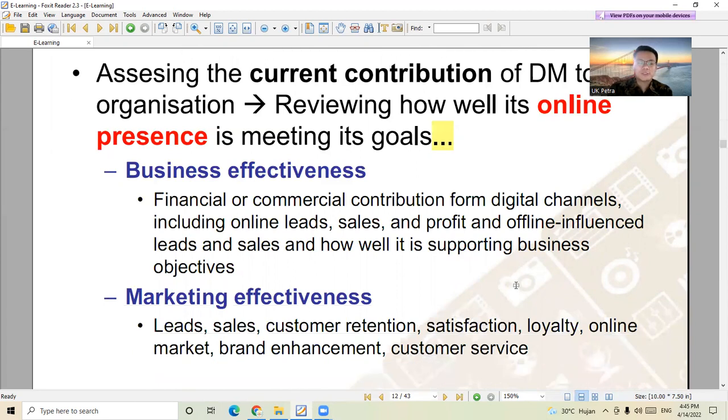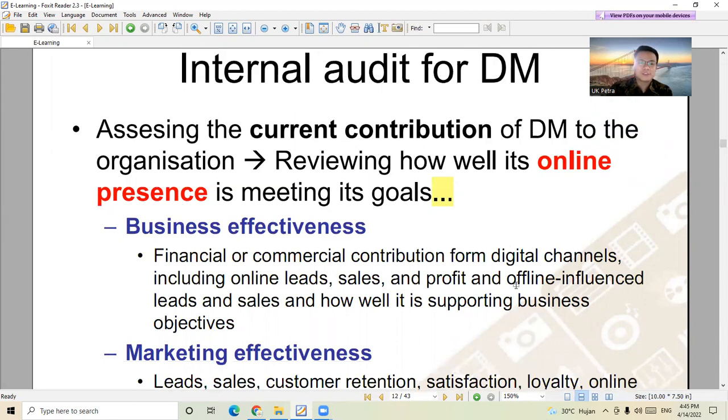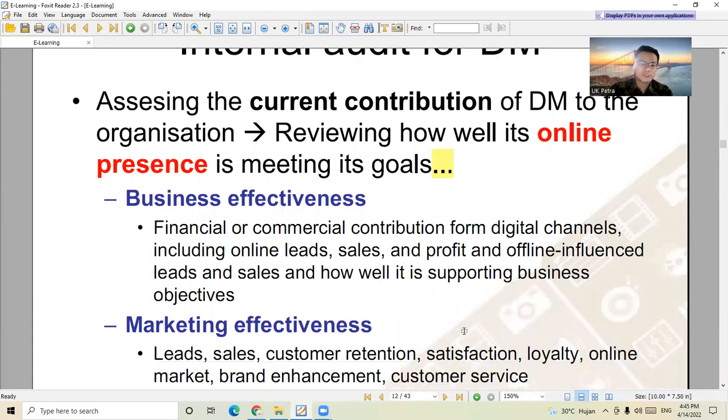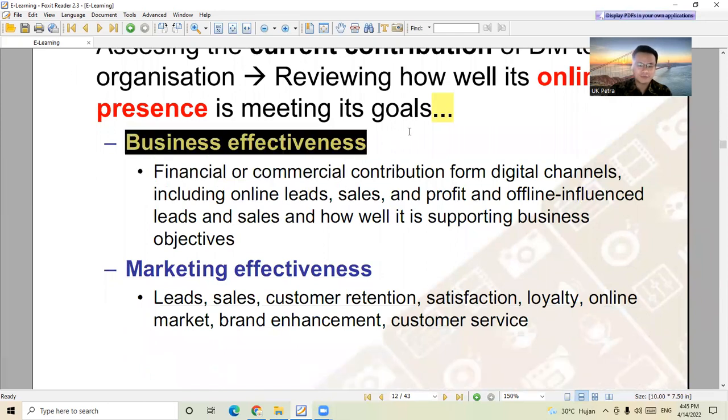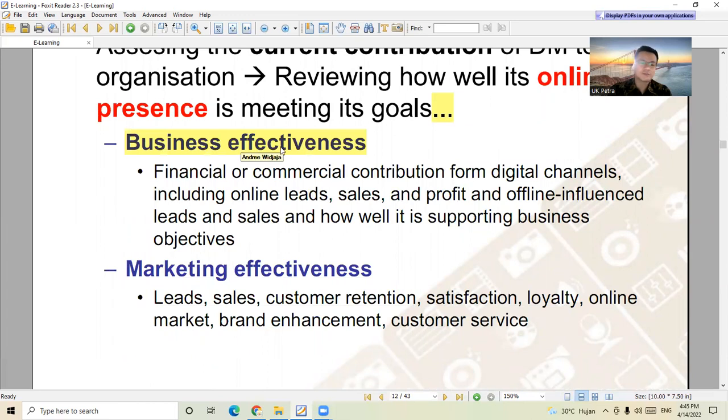In order to conduct the digital marketing internal audit properly, we have to be concerned with these two components. The first one is the business effectiveness. It is related to the business, such as the financial and commercial contribution from the digital channels, which includes the online leads, the sales, the profits, the influencer leads, and so on.